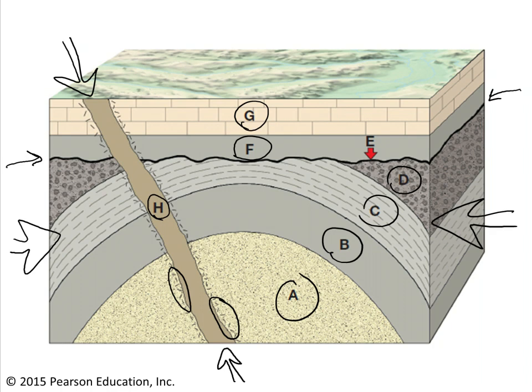And you'll also notice that dike H cuts across, say, the unconformity surface, E. So therefore, that dike must be younger than the unconformity. It also cuts across all the rock layers that we've mentioned, so therefore that dike, H, has got to be the youngest thing in this diagram. One way of summarizing the principle of cross-cutting relationships is that the cutter is always younger, so whatever's doing the cutting has got to be younger.